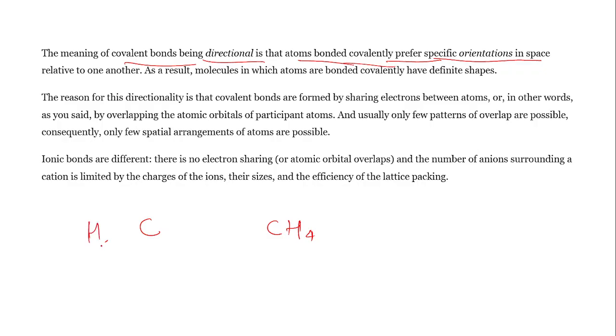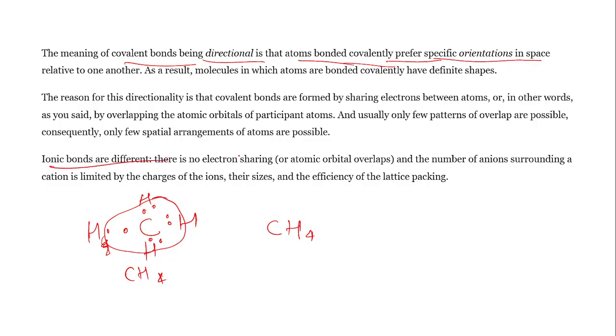Carbon has 4 valence electrons, and each hydrogen has its own 1 valence electron. They share together and form CH4. Now this is directional because atoms prefer specific orientation in space relative to one another.